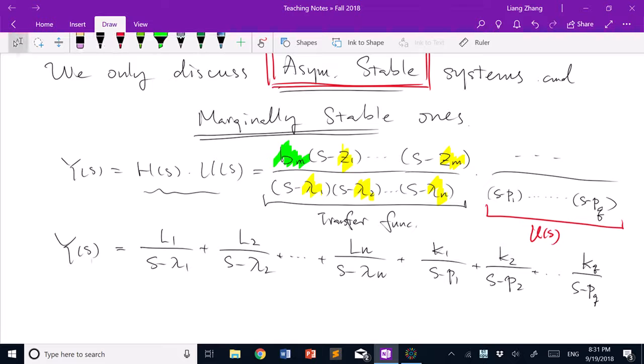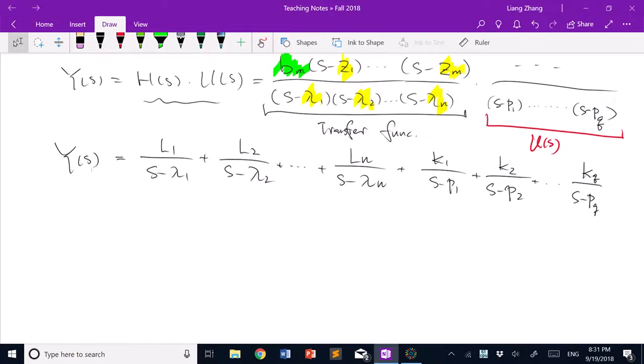And now if you apply the inverse Laplace transform, what will you have? Now we have our building block signals. So when we continue, we're going to have y(t), and the inverse Laplace transform, the first term will be L1 times e to the lambda 1 t plus L2 e to the lambda 2 t. Like what you have done in ECE 3101, when we do the partial fraction expansion, this is what we have.